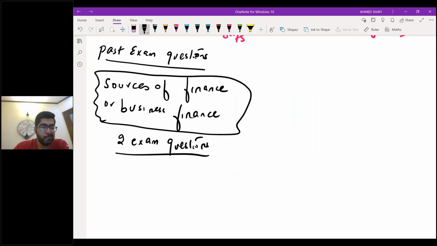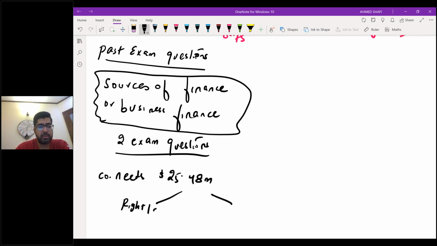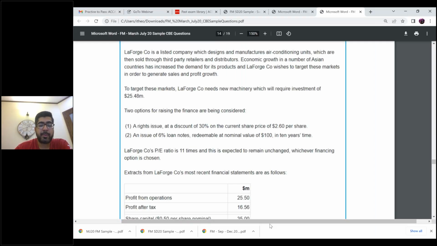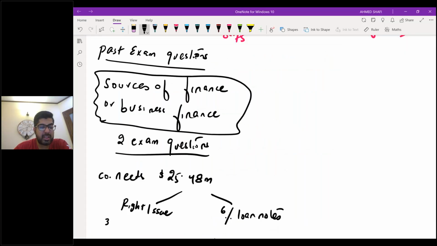So the company needs 25.48 million. 2 options: 1, right issue, and 2, 6% loan notes. Right issue at the 30% discount of the current share price of 2.6 per share.